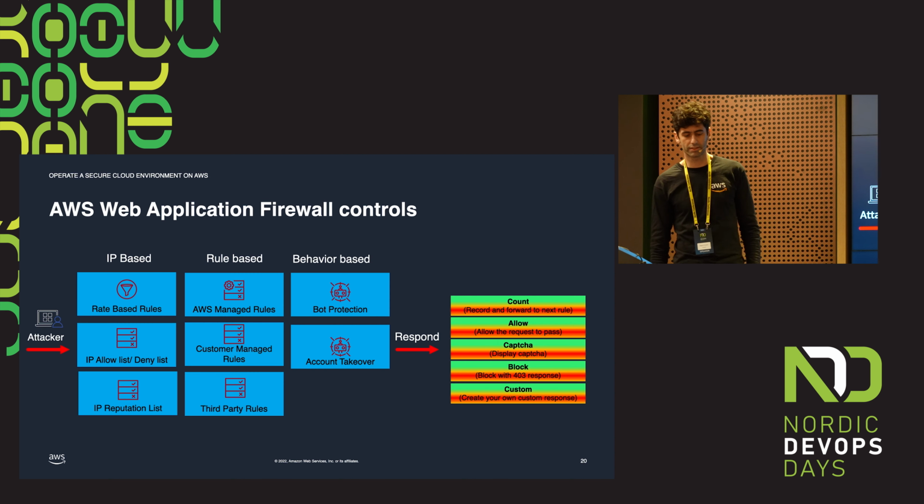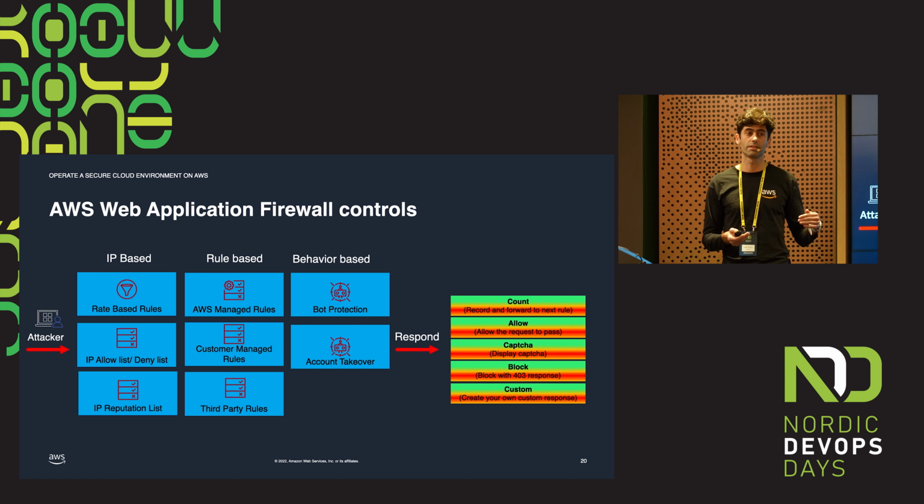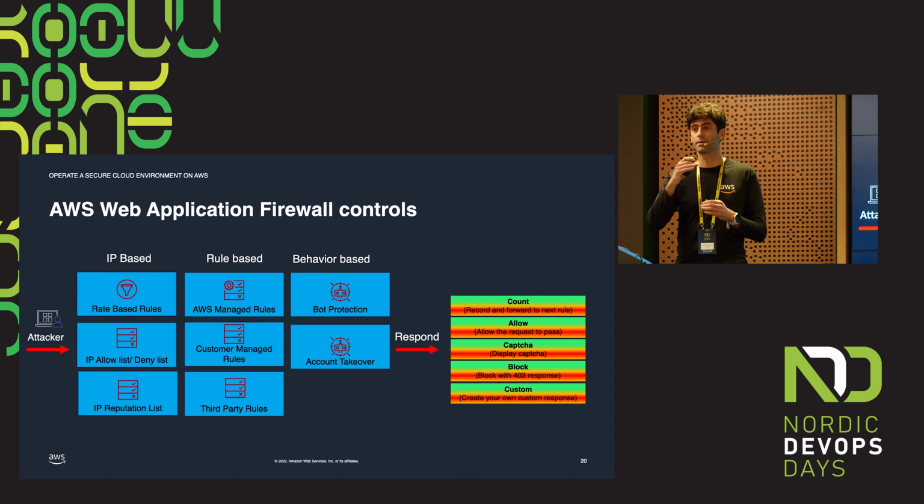And what WAF does is apply a set of rules that are either created by you or managed by AWS or third-party vendors. This can be IP-based, applying lists of malicious IPs that drop the traffic as soon as possible so it doesn't hit your origin, your application server.